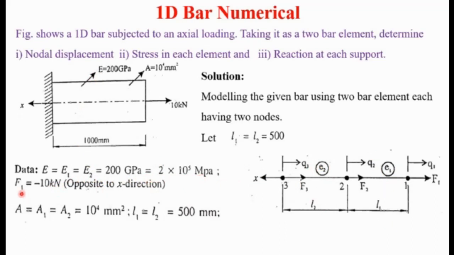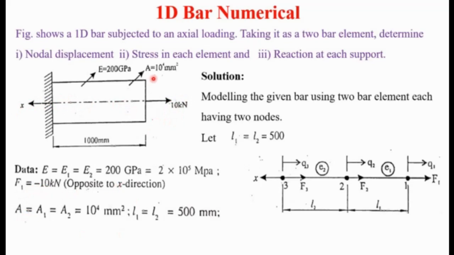Then F1 is equal to 10 kilonewton, opposite to the x direction. F1 is the force at node 1, and since it is opposite to the x direction, we take it as minus 10 kilonewton. F1 is equal to minus 10 kilonewton.